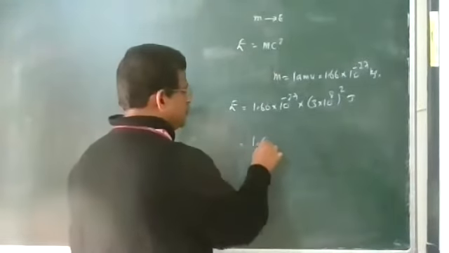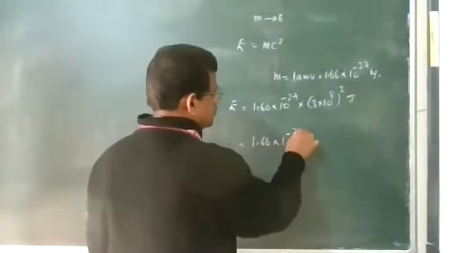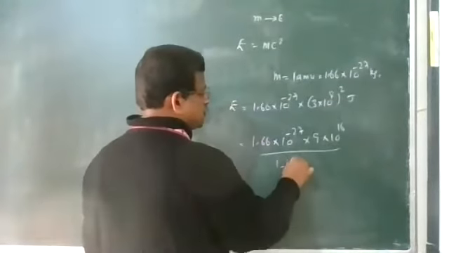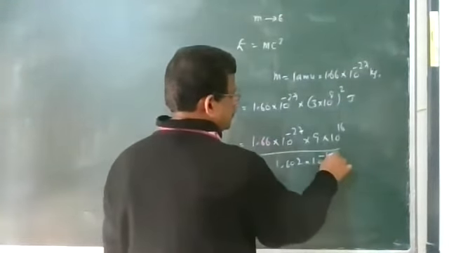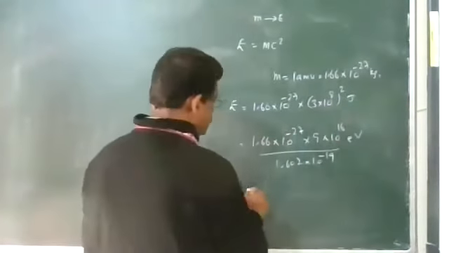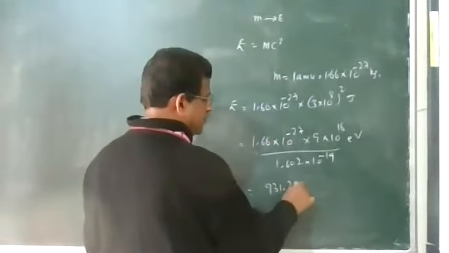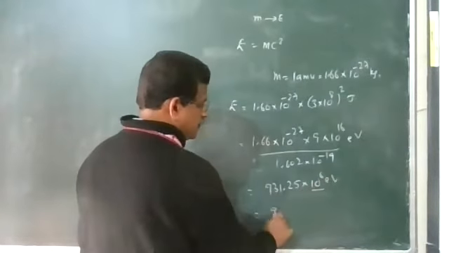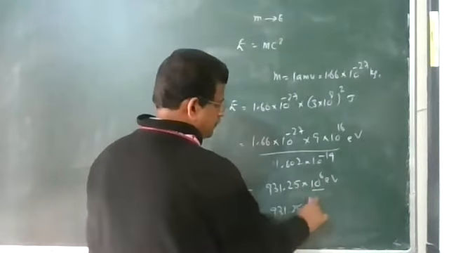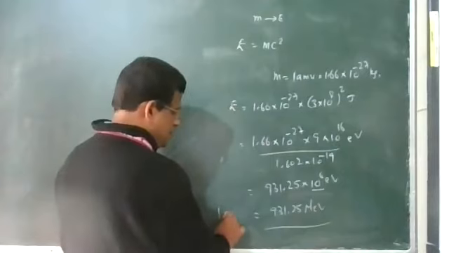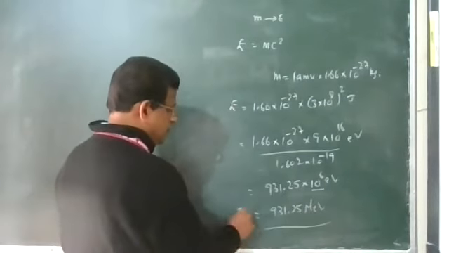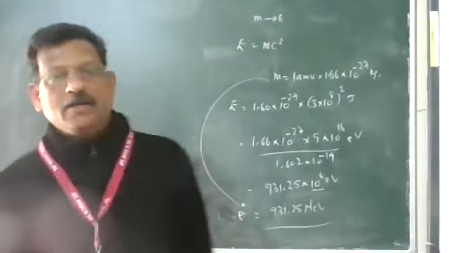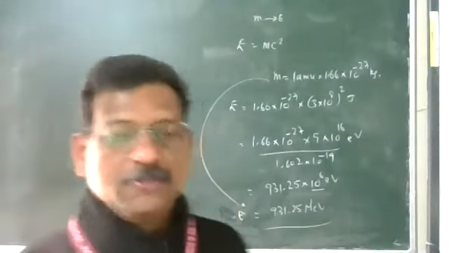So, 9 times 10 to the power 16 divided by 1.6 times 10 to the power minus 19 gives so many electron volts. From this calculation we get about 931.25 times 10 to the power 6 electron volts. So the energy equivalent to 1 atomic mass unit is 931 mega electron volts.